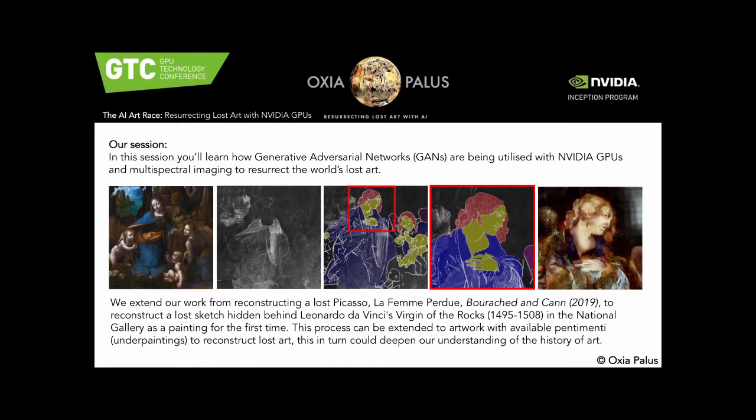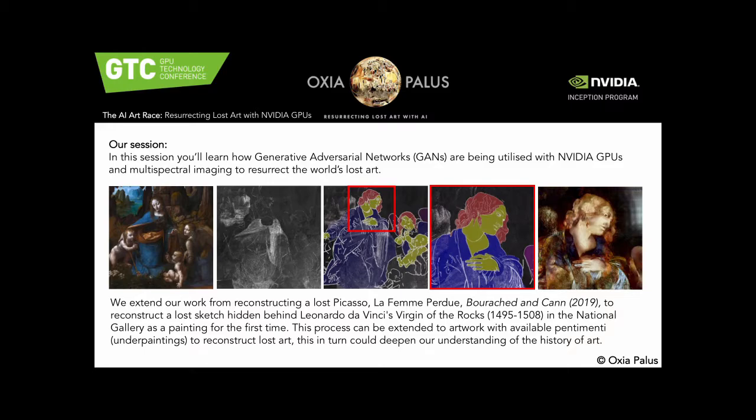So in this session, I'm going to talk to you about generative adversarial networks and how they're being utilized with NVIDIA's GPUs combined with multispectral imaging to resurrect the world's lost art. We are going to extend our work from reconstructing a lost Picasso, La Femme Perdue, to reconstruct a lost sketch hidden behind Leonardo da Vinci's Virgin of the Rocks, which is held in the National Gallery, as a painting for the first time.